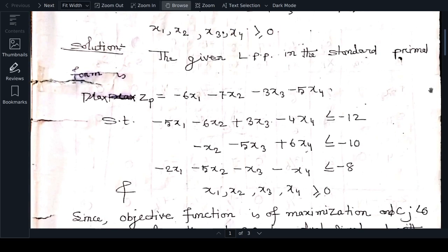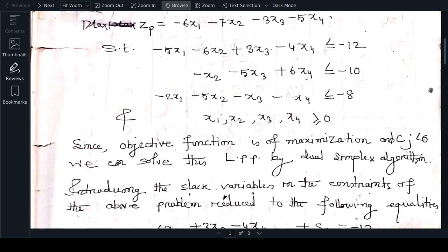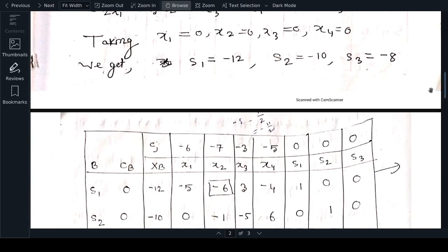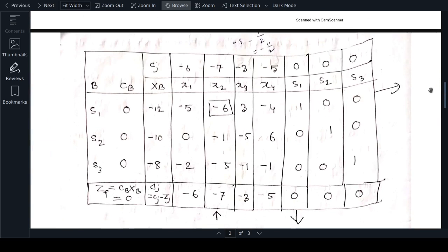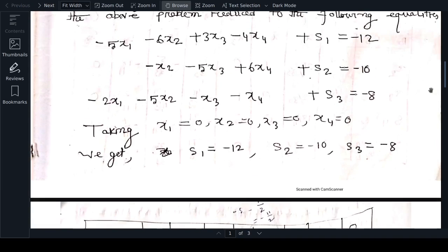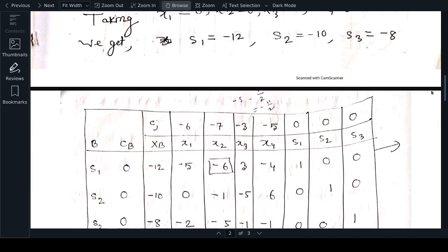Next, you put all the values. The x1 coefficient, x2 coefficient, x3, x4, s1, s2, s3. Similarly for s1, s2, s3, the CB values are all 0, 0, 0. Then in the XB column you put minus 12, minus 10, minus 8, right? Next, Z equals CB into XB, we know the formula.